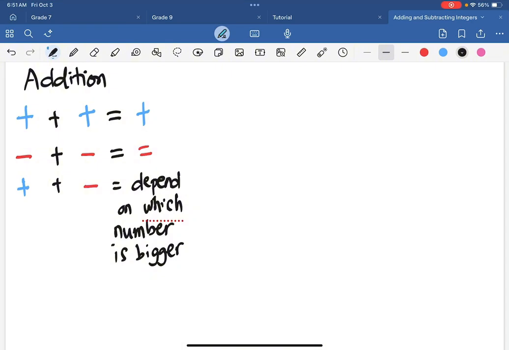So let's have the positive first. Now let's try 2 plus 3. Obviously 2 and 3 are positive numbers and we could just add them. 2 plus 3 is 5. Now, if you are going to illustrate, let's have these boxes as positive: 2 boxes plus 3 boxes.